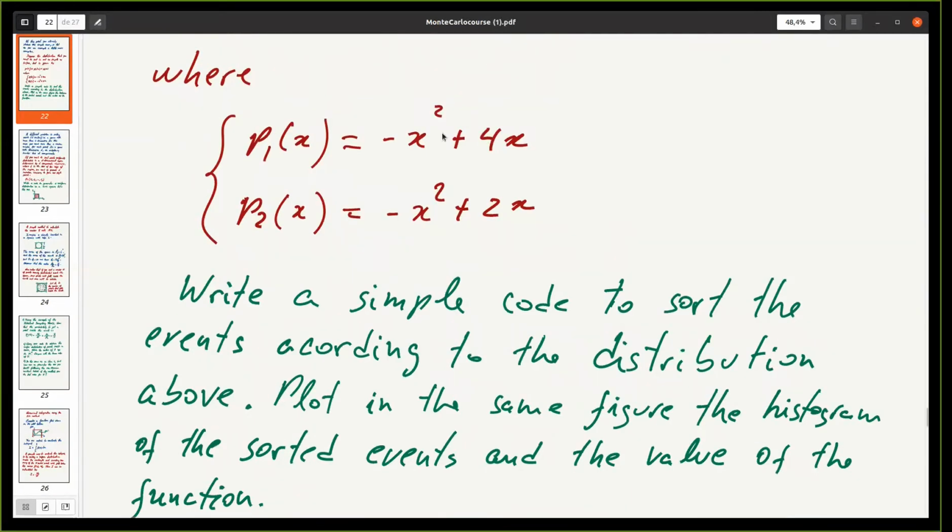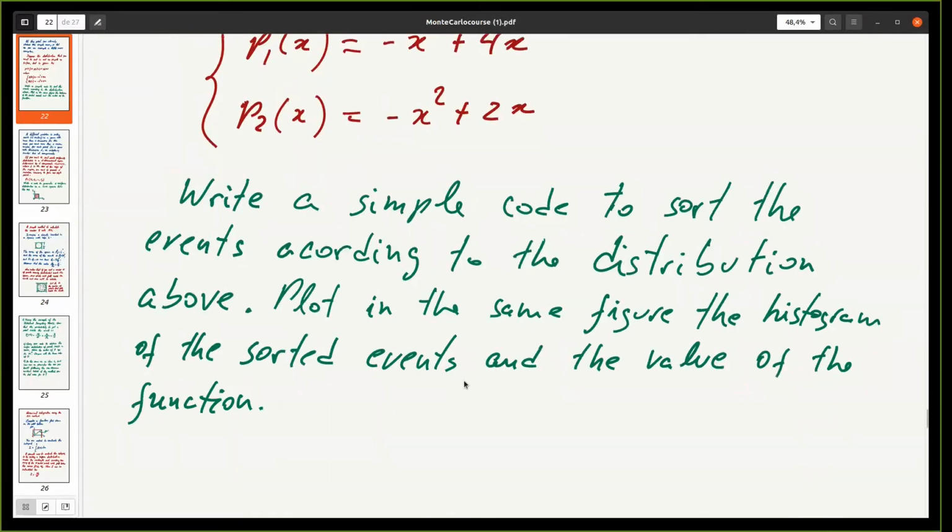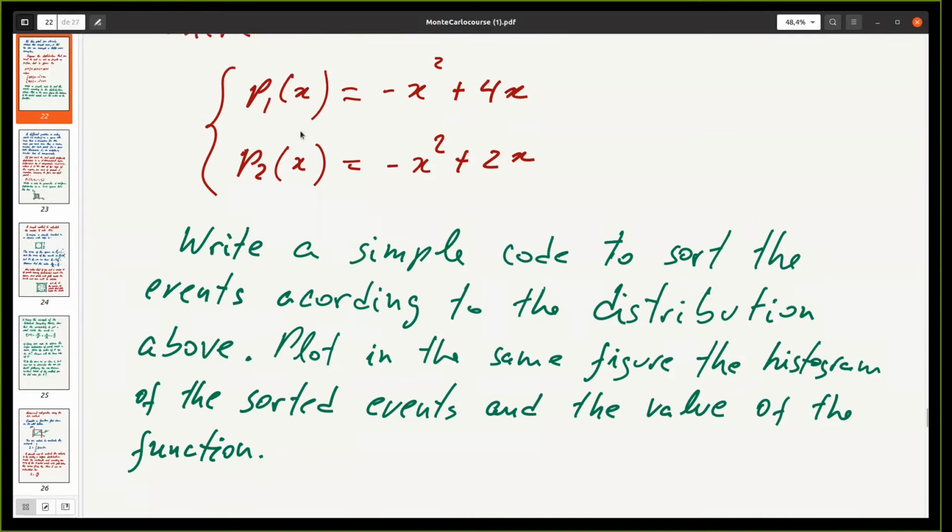So I would like you to test different methods for sampling this distribution that is given by a sum of two simple functions. Okay, so you have to do it and plot in the same figure the histogram of the sorted events and the value of the function of the distribution. So you can compare what you get from the Monte Carlo method with the expected distribution. Okay, so making plots is a very good way to check if your Monte Carlo method is working properly or not.